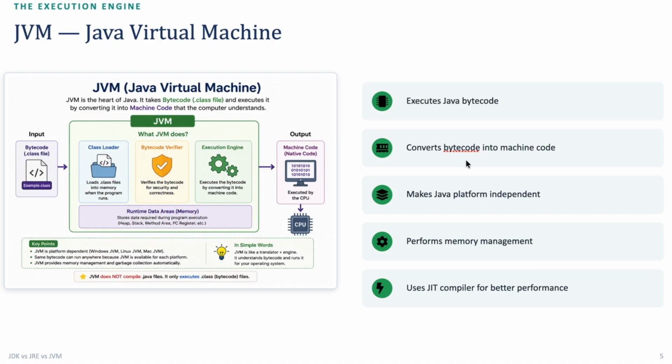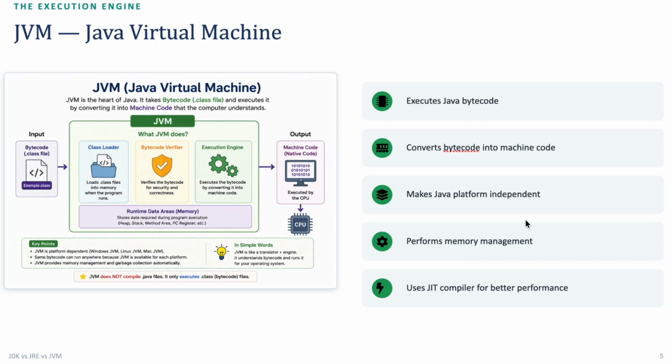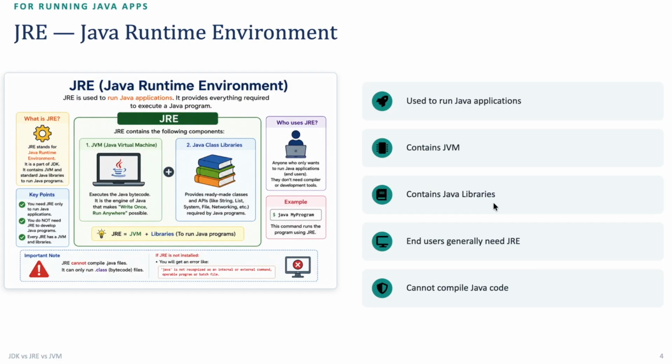So now you can see your client just needs JRE. He doesn't need to compile the code. That's why Java is platform independent, because you write the code only one time. Now, whether you have any operating system, Windows, Linux or Mac, they just need their own JRE.